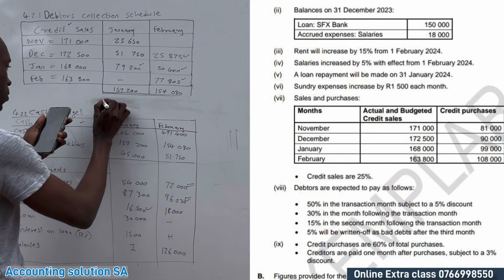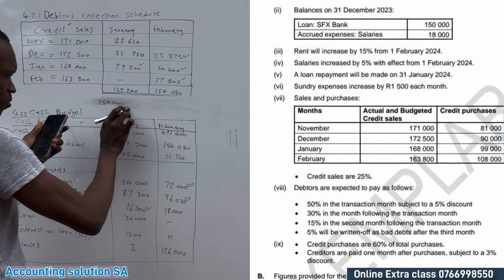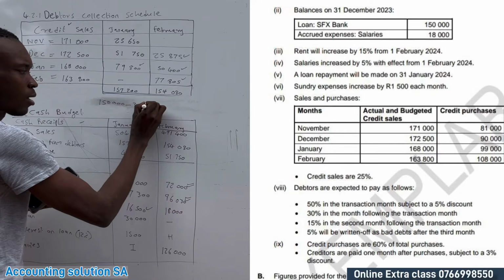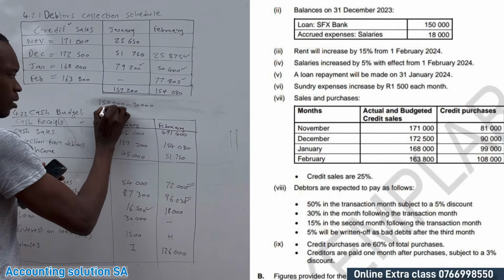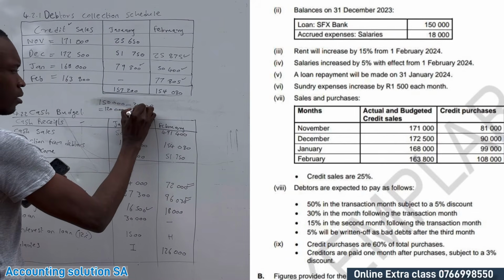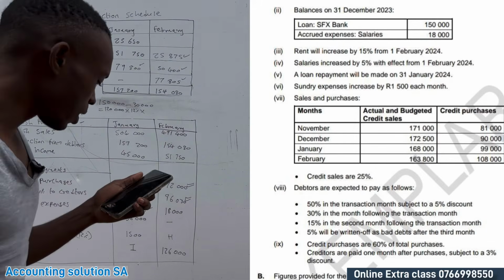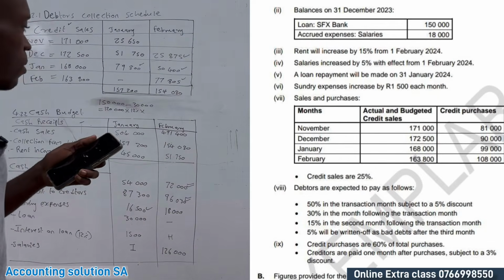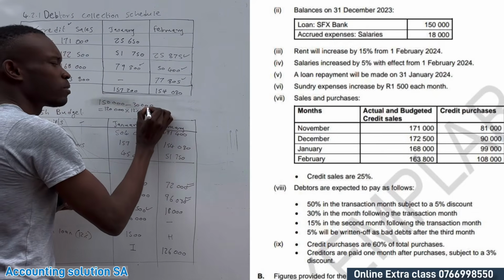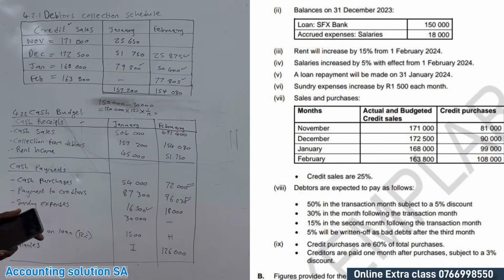If you check on top, 150,000 multiplied by, no, remember they make a payment of 30,000 because we are calculating for February. Then we must be left with 120,000. Then after that we multiply by 12%. Because this 12% is for the whole year, is per annum, we are looking for interest of 1 month of February, which means that we have to say 1 over 12. Okay, because it's for 1 month.